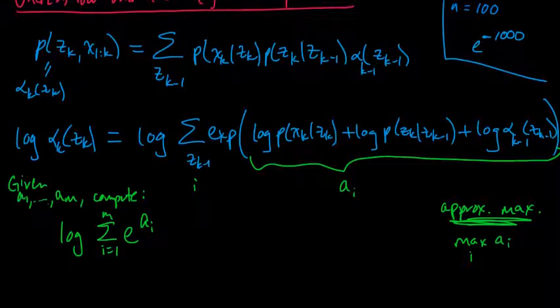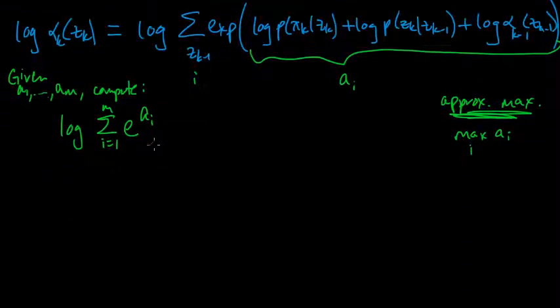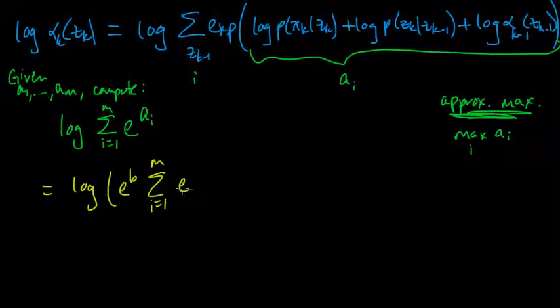So with that motivation, let's factor out the largest one. Let's factor out e to the b. We're going to derive a formula here, so that's a_i minus b, where b is the max over i of the a_i's.